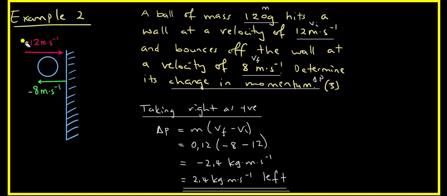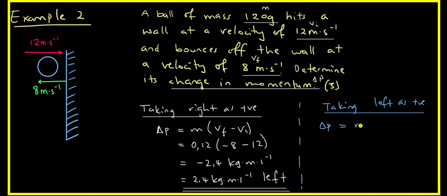Alright, you can also decide to take left as positive. So let's see what happens. Taking left as positive, our delta P is equal to m times v final minus v initial. Our mass is 0.12. Our final velocity now is positive, the initial is negative. So we have 8 minus -12, which will give us a positive.